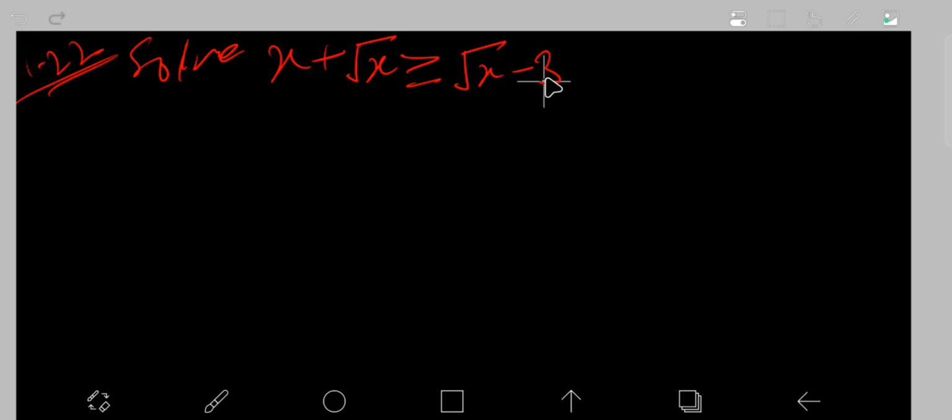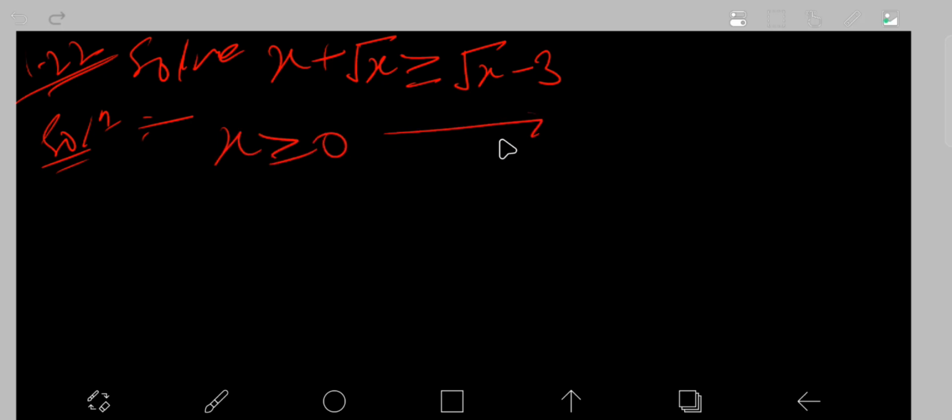Now we also check when this statement is meaningful. From here we get one condition. It is meaningful when x is greater than or equal to 0. This is one condition. Now we solve this inequality.